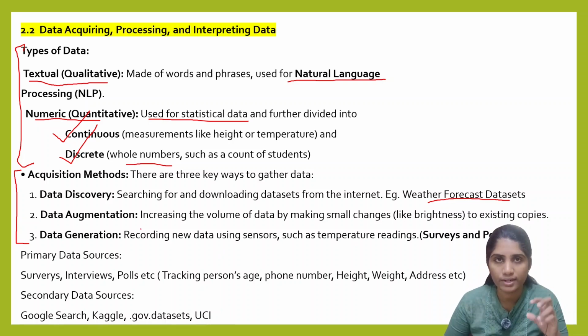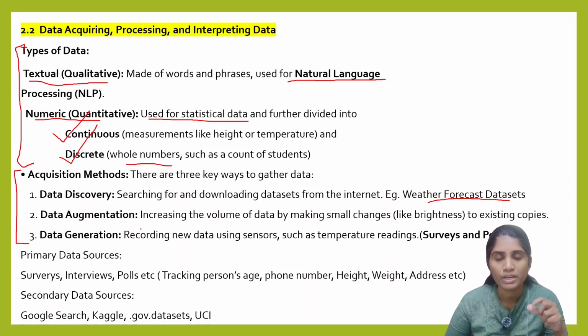You already have existing data, so you need to add more volume to that existing data by doing some minimal changes. For example, you have image-based data, so it can be an image of a road or an image of a house. You want to increase the number of training data, okay. So you add brightness and color, so it will give different combinations of the same picture.